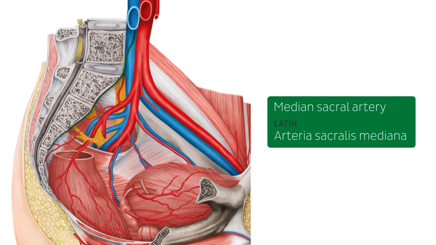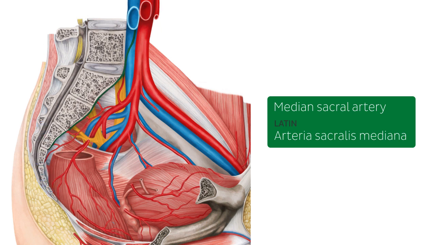It will then descend in the midline along the anterior surface of the sacrum, which you can also see here. So this is the sacrum, and we just made a cut here. But notice how it is descending on the anterior surface of this bone. Let me add that it does so also to the coccyx.